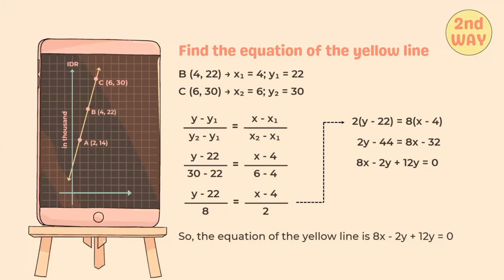I choose points B and C. So x1 is 4, y1 is 22, x2 is 6, and y2 is 30. Then, substitute them into the equation. And we will get y minus 22 over 8 is equal to x minus 4 over 2. When we calculate it, we will get 8x minus 2y plus 12 equals 0. And this is the equation of the line.